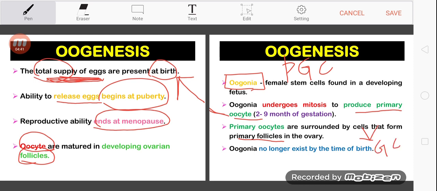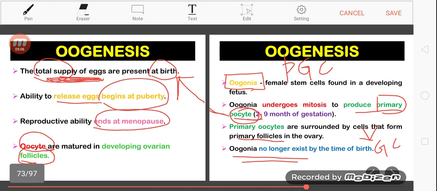So by the time of birth, oogonia no longer exist, but all eggs are at the primary oocyte stage. That's why women, or baby girls, have a finite number of cells.